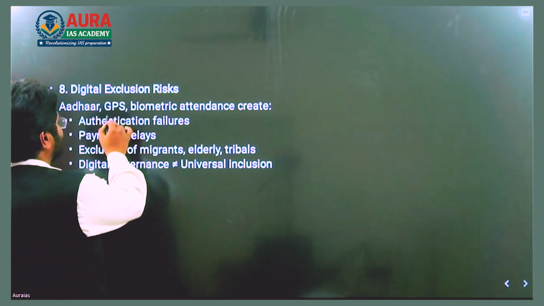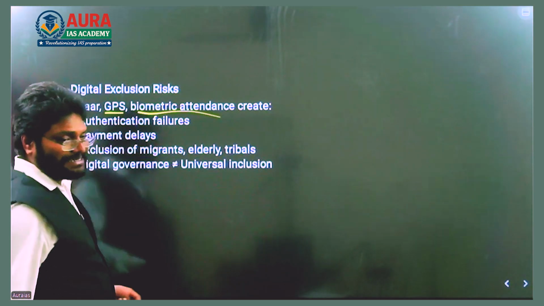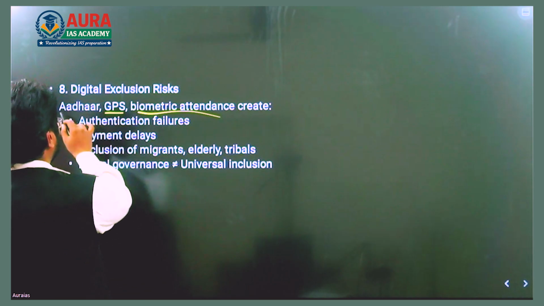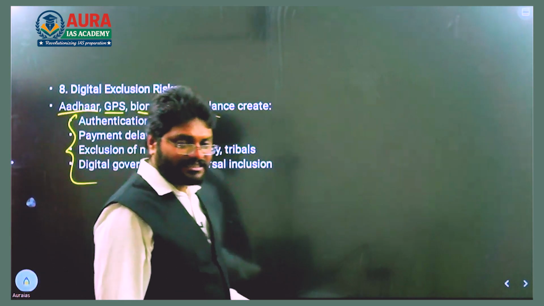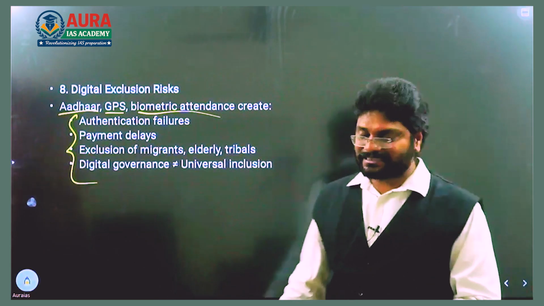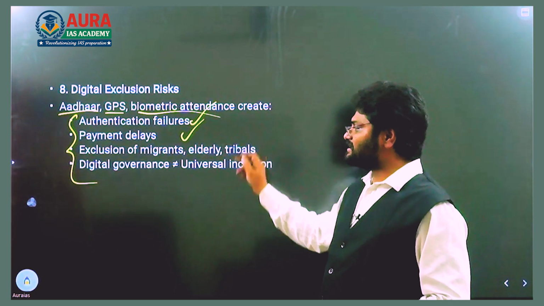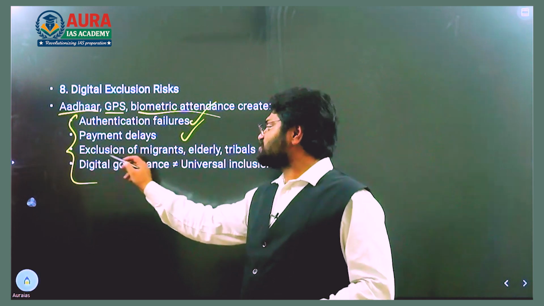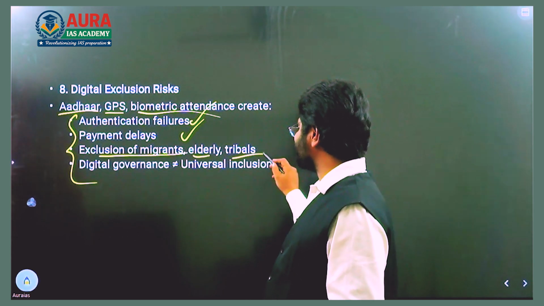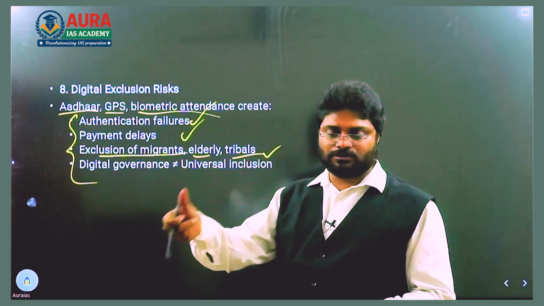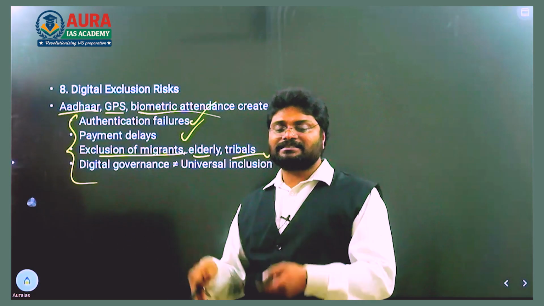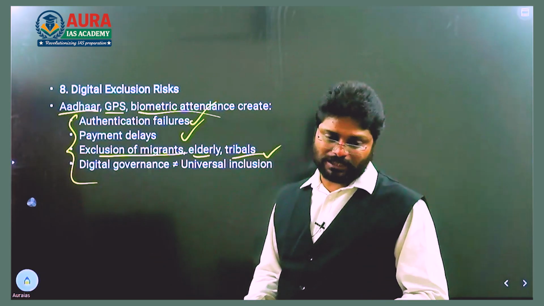It is GPS based, takes biometric attendance, and is Aadhaar linked. So there is a lack of digital infrastructure at village level, authentication failures, payment delays, and exclusion of migrants, the elderly and tribal people. Because they must be present at the workplace to give the thumb impression, and GPS also tracks where he is actually present.